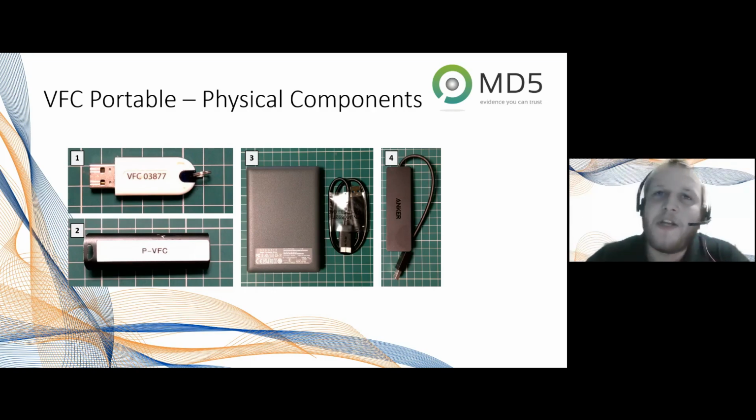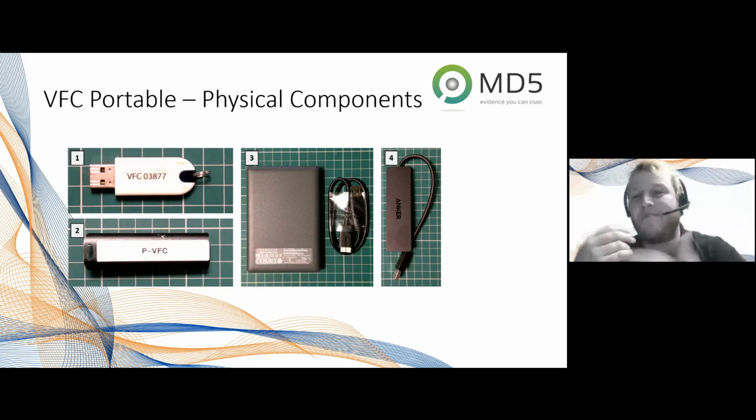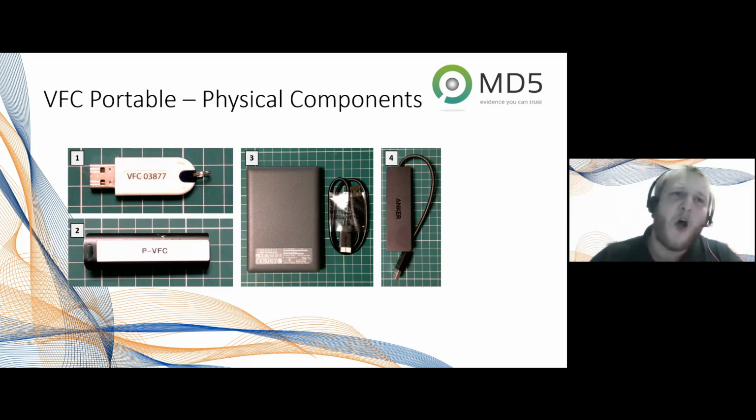This contains the application and potentially other tools as well, depending on what you want to take on scene with you. Whether you're a digital forensic investigator, cybersecurity investigator, or incident response investigator, the tools will differ naturally. So you can put essentially whatever you want onto that bootable OS.